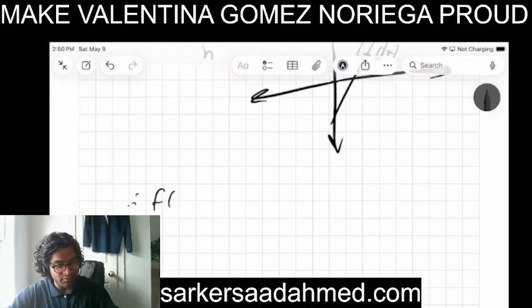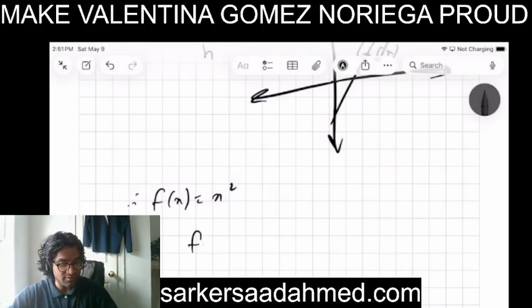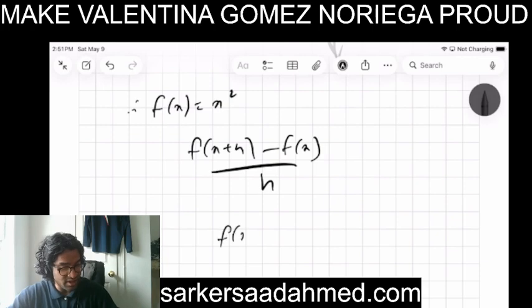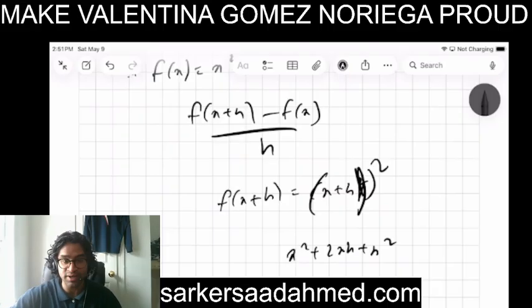So if I have f of x equal to x squared, I'm going to have f of x plus h minus f of x, divided by h. Now, obviously, f of x plus h is equal to x plus h, whole squared. So I can have x squared plus 2xh plus h squared, right?